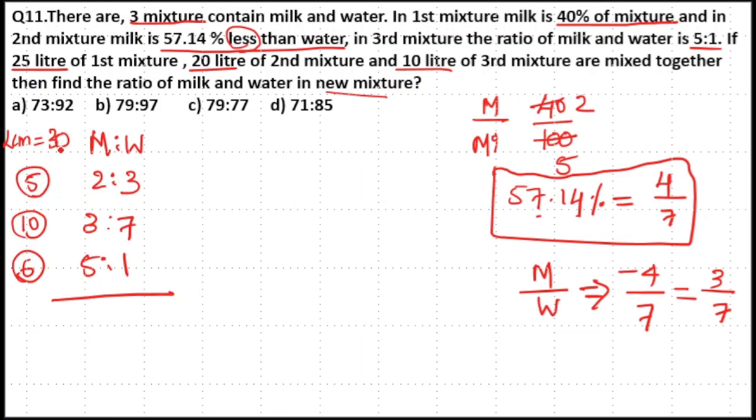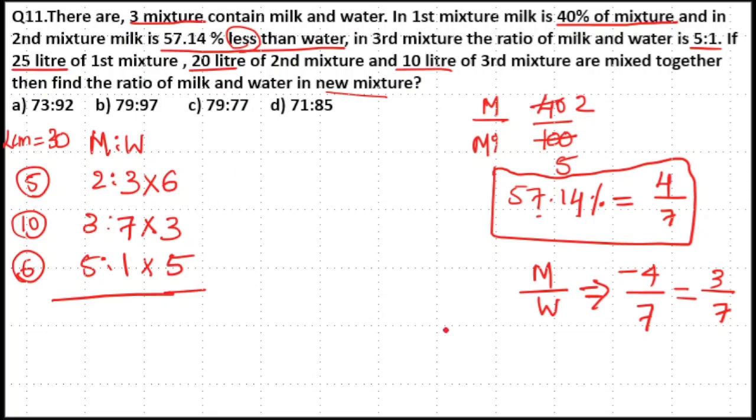We need 30 parts. To make it 30 parts, we have to multiply first ratio with 6 because 5 into 6 is equal to 30. 10 into 3 is equal to 30. So to make it 30 parts, multiply second ratio with 3. This is total 6 part. We need 30 parts. So 6 into 5 is equal to 30. To make it 30, multiply third ratio with 5.